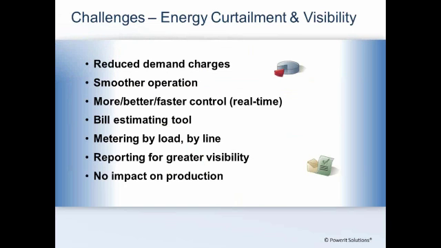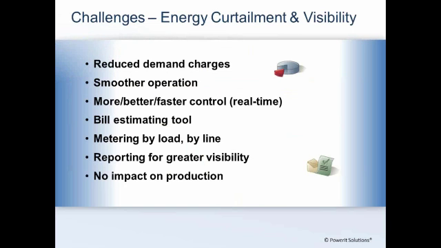We found that that really started to inhibit our capabilities to produce material as the facility expanded. So we started looking for a system that we could further reduce our charges, we could smooth out the operation, we could get better control that was closer to real time.